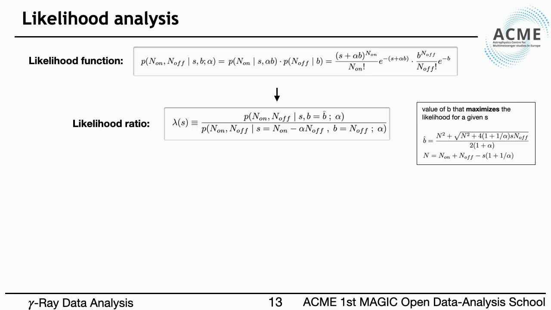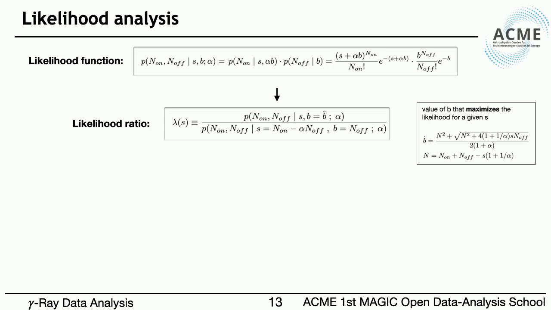So we need at this point to make an important remark, which might be useful also during the analysis. The parameter B is unknown, but unlike S, we are not interested in estimating its value. Therefore, B is what is usually called a nuisance parameter. Nuisance parameters in a likelihood analysis are treated by fixing their value to the one that maximizes the likelihood, while keeping the parameter of interest free.